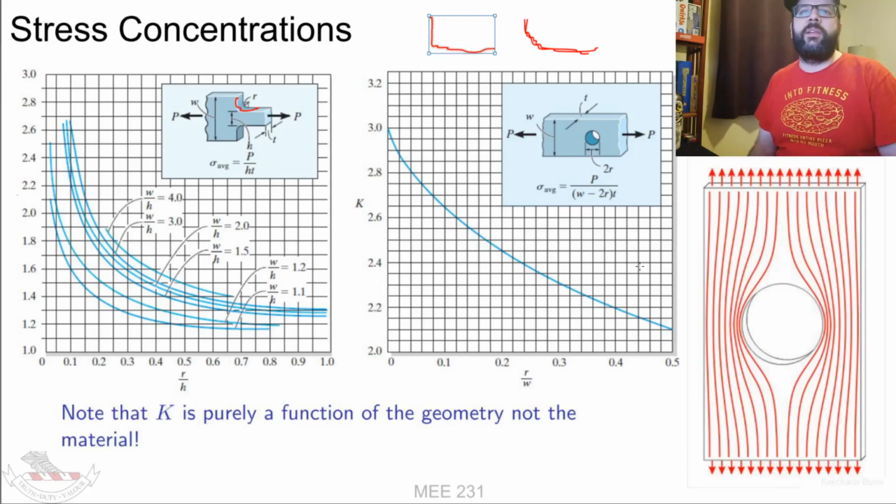So basically, it allows more space in which your force is able to distribute itself more uniformly, whereas the more abrupt you're going, the faster it has to happen. So it basically needs to bunch up more.